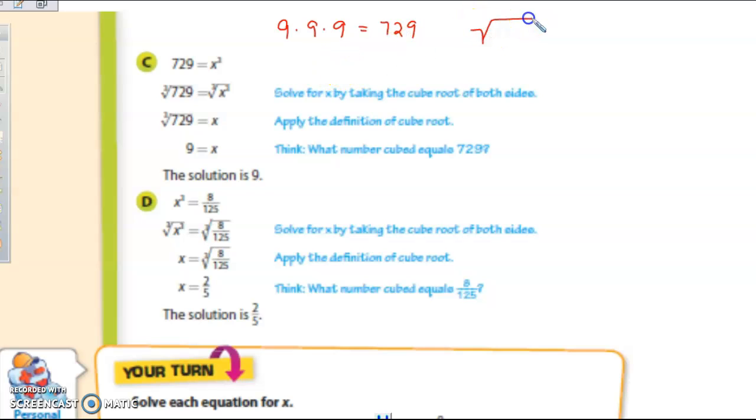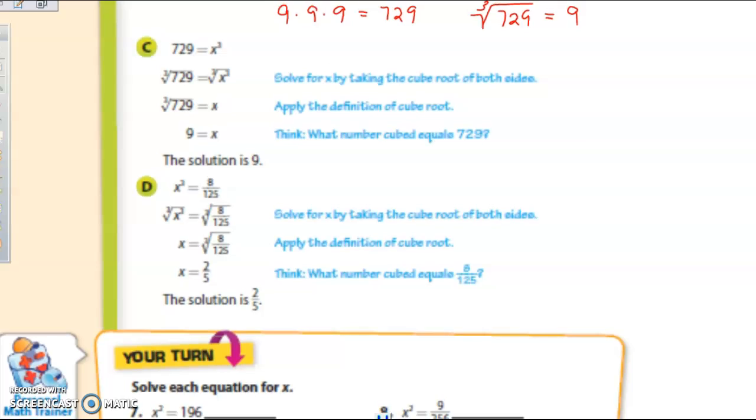So the cube root of 729 is 9. Negative 9 is not a solution because if I multiplied negative 9 three times, I would have a negative answer.